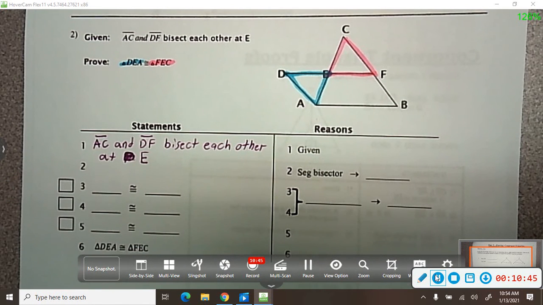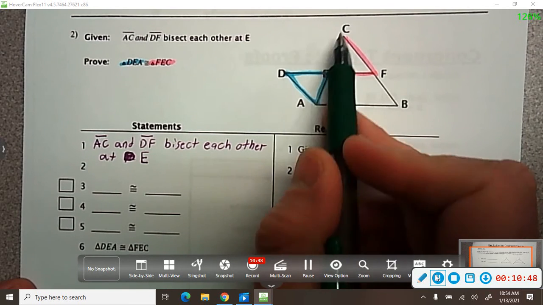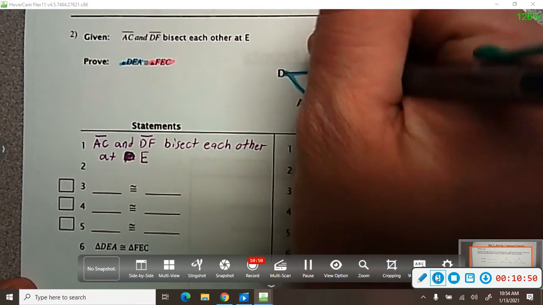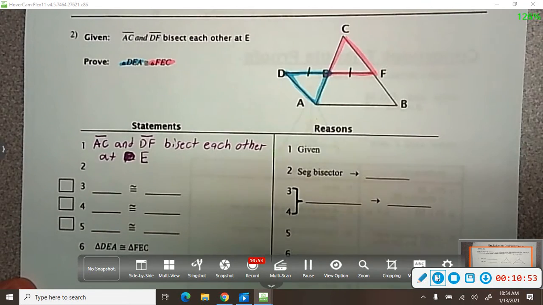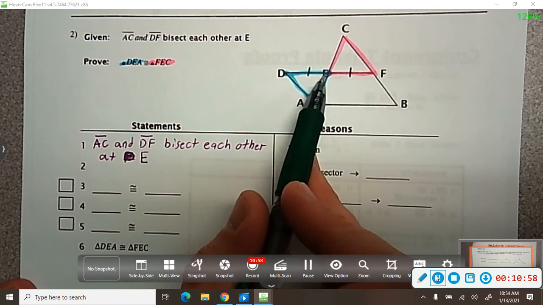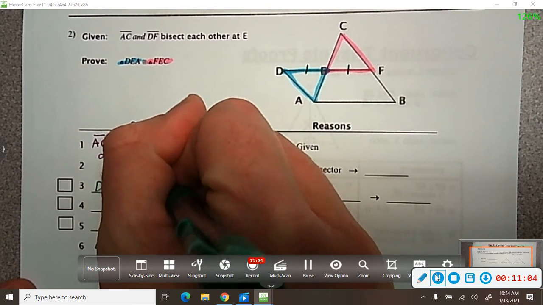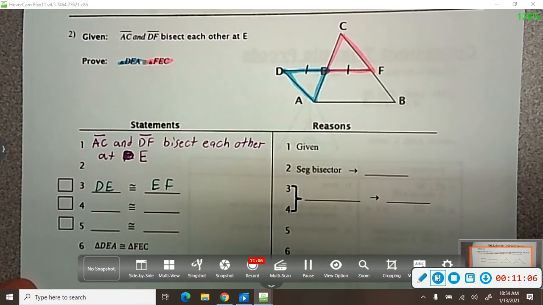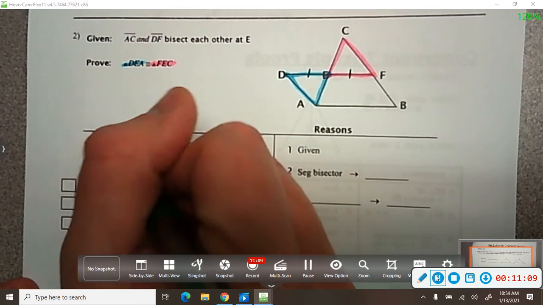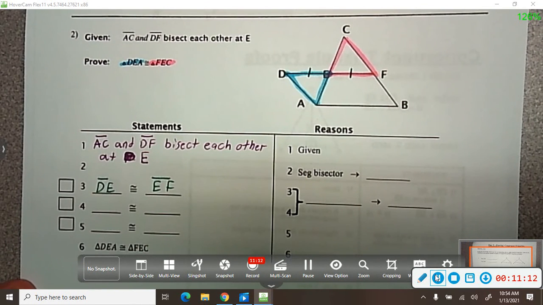So what that means is, I know if AC cuts this in half, this equals this. So I could say that DE equals EF. And you don't really need every single line in here, but I would say DE is congruent to EF.